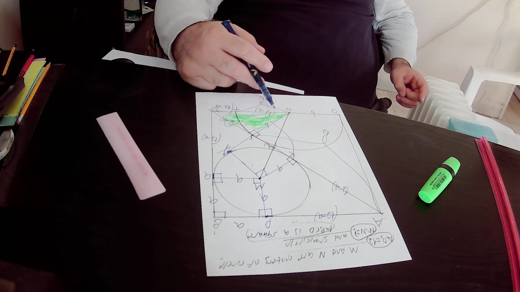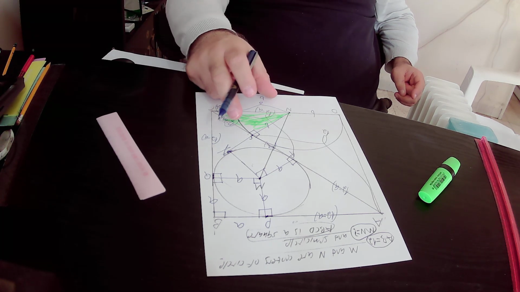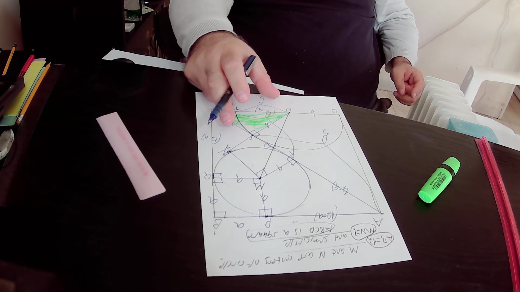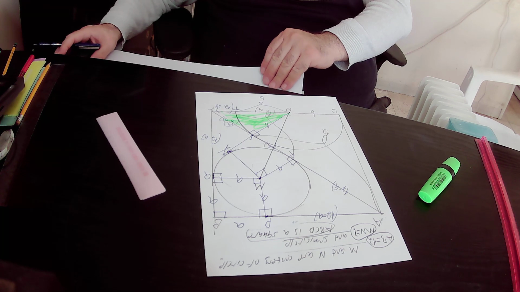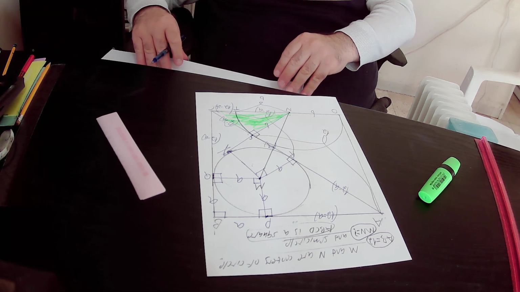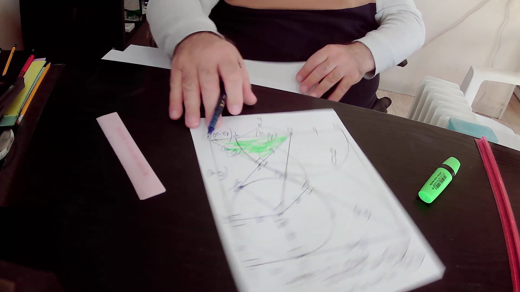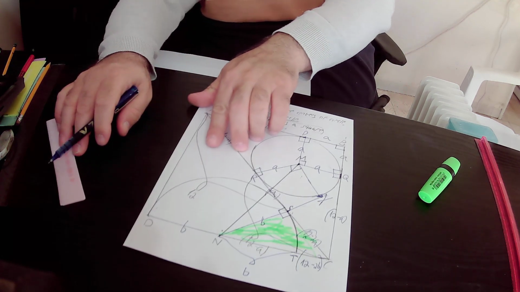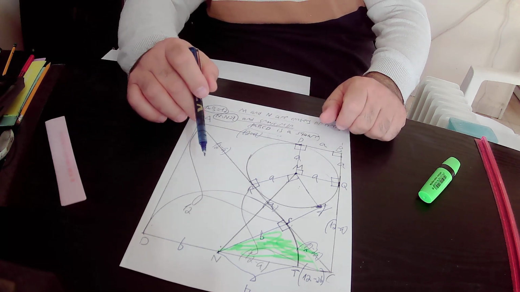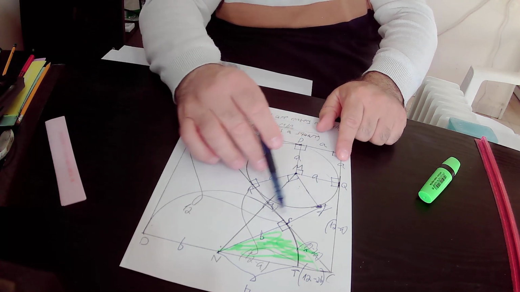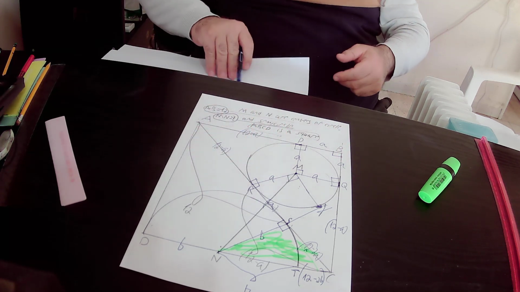So NX will still be a straight line. So we can write down that line segment NX is a straight line.